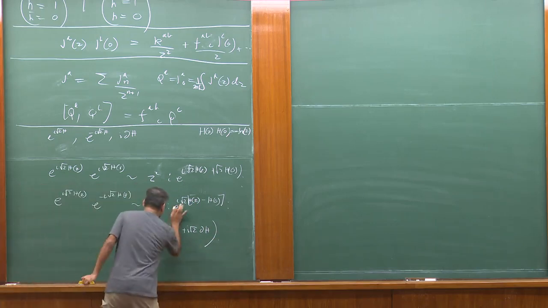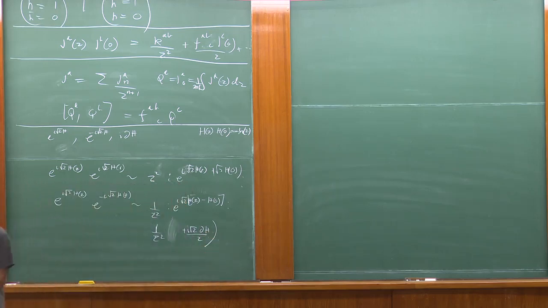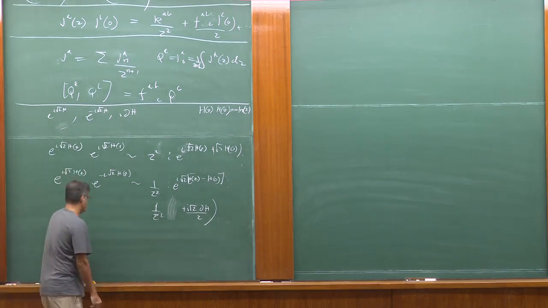So 1 plus I square root 2 by z. Is this good? Excellent. So we've got a non-trivial correlator here.